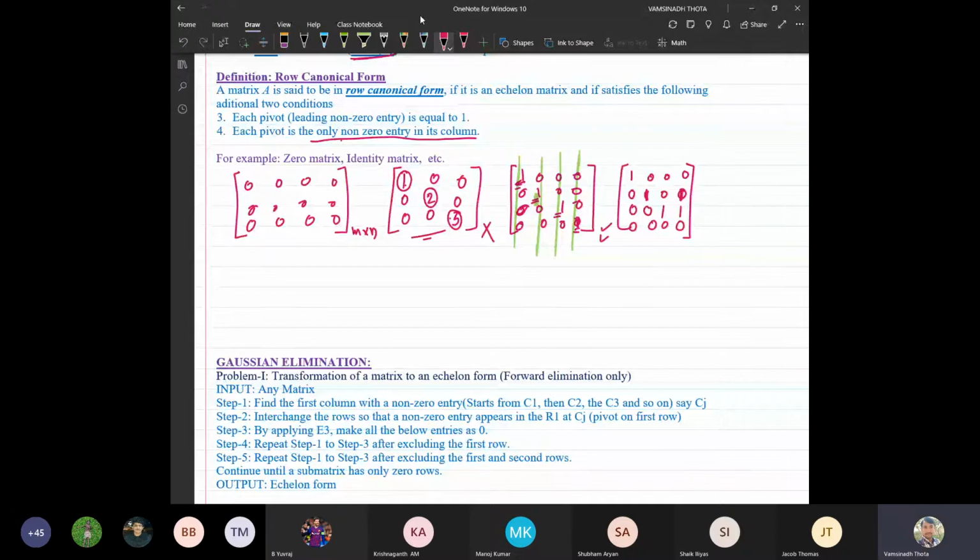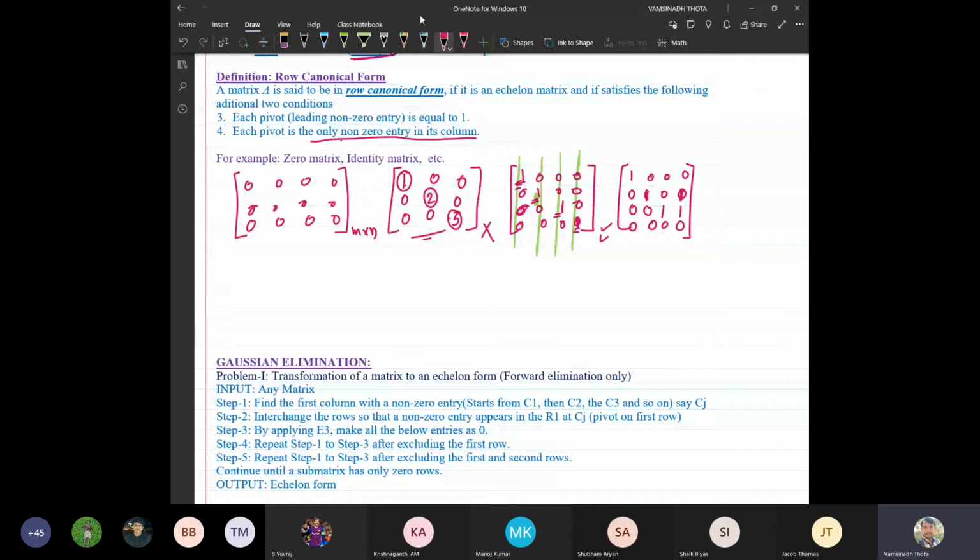First thing you have to check, it should be in the echelon form. Zero rows, if there are any, should be at the bottom. Yes, there is only one zero row, and it is at the bottom. Second condition regards the leading non-zero entries.